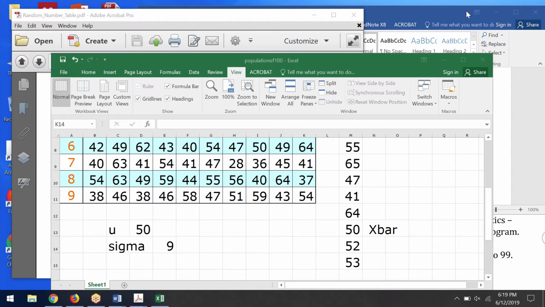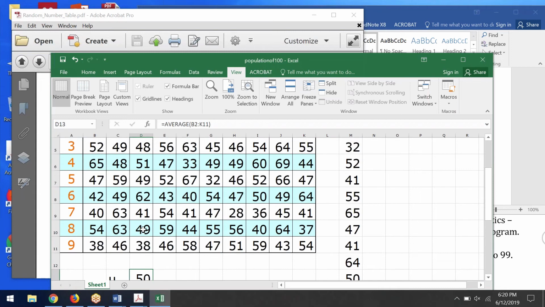Okay. So let's take a look at this. First of all, the mean for our first sample was 50. The mean for a second sample is 52. The mean for a third sample is 53. Well, those means approximate the population mean. They do it pretty well, right? They're not that far off from the population mean.